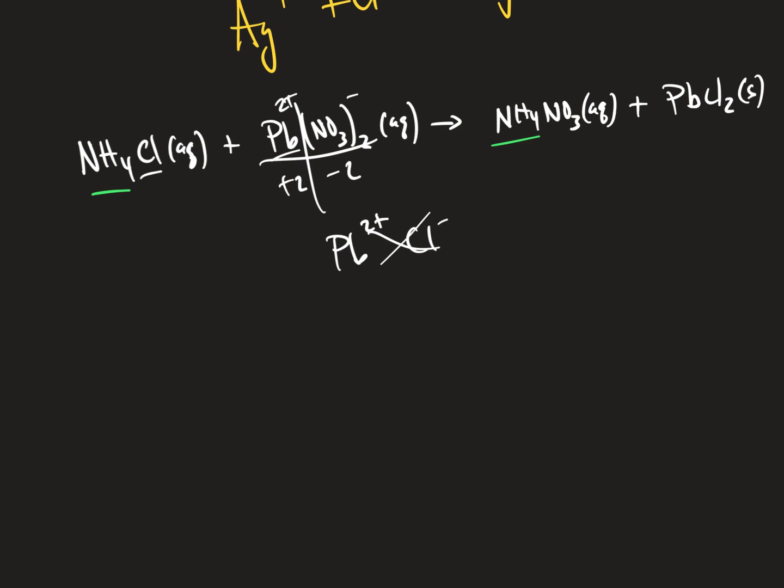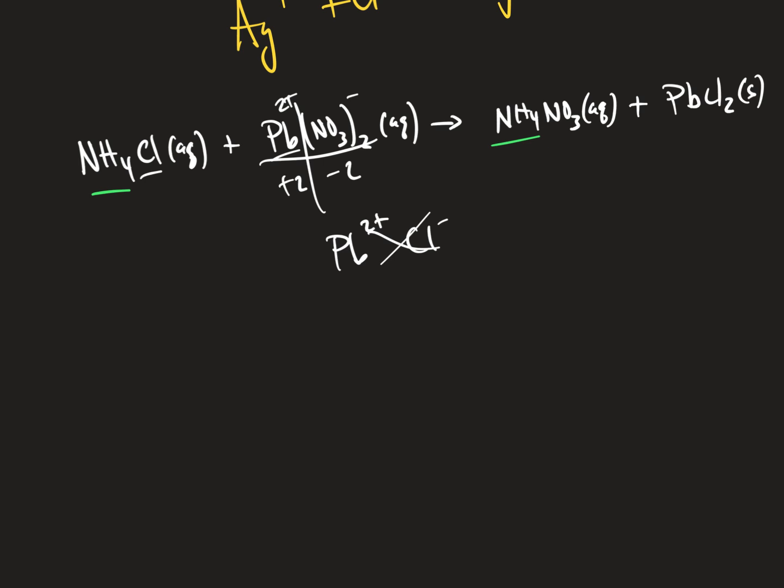So I have to have 2 ammoniums over there. Now I have 2 chlorides, and I have 2 chlorides over here. One lead, done. Did I go through that too quickly? Sorry. Do you like this way? No? Okay. If you do, write it out.